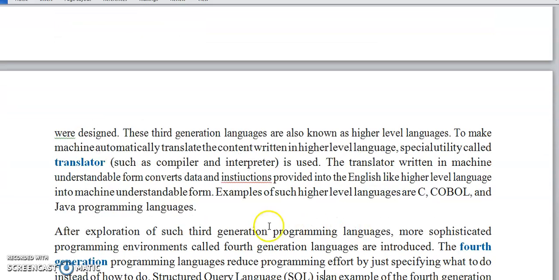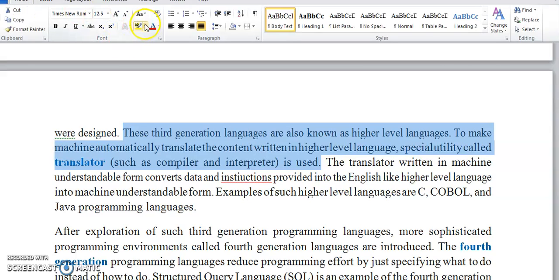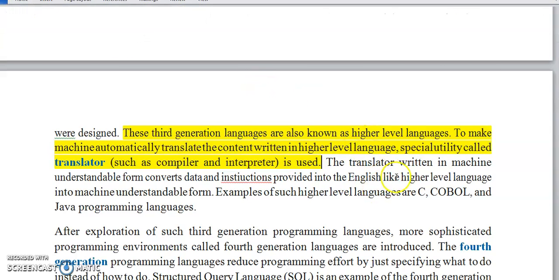The third generation language is also known as higher level language. To make a machine automatically translate the content written in higher level language, a special program called a translator is used. So this is the most important line: the translator, written in machine understandable form, converts data and instructions provided in the English-like higher level language into machine understandable form.